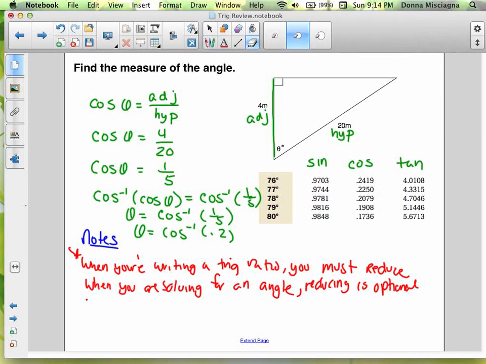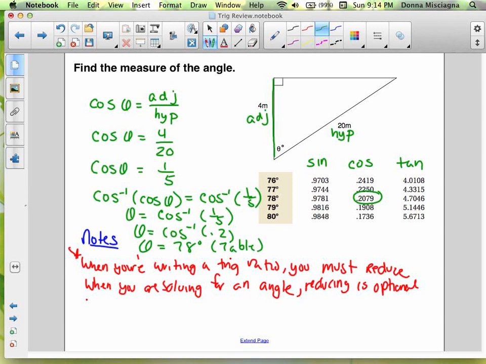Just a little bit closer. Not much. You probably, if you're like, ooh, we're almost halfway, we might want to just say 78.5. I'll put 78 on this one. So theta is 78 degrees, and this is with the table.